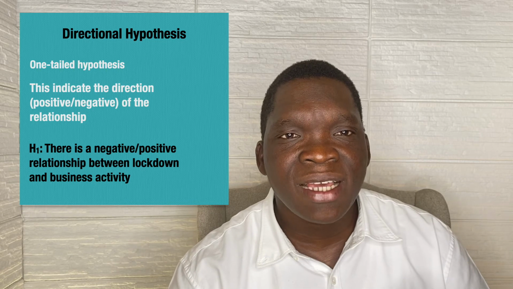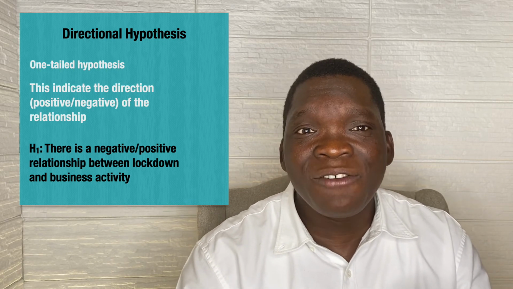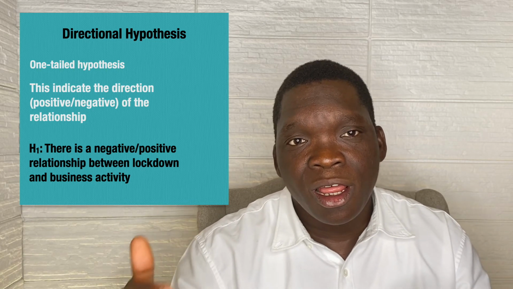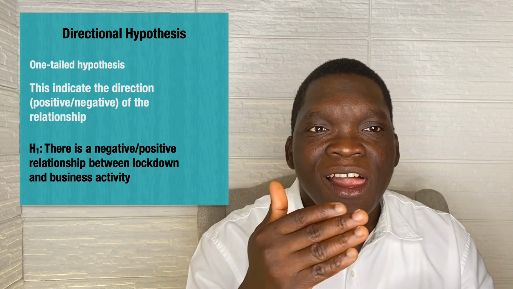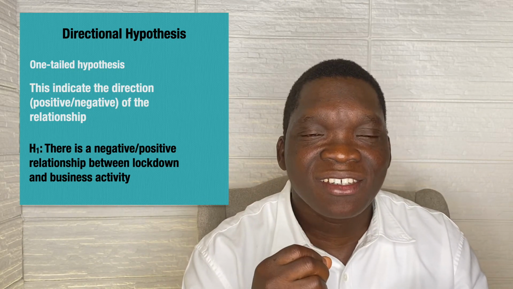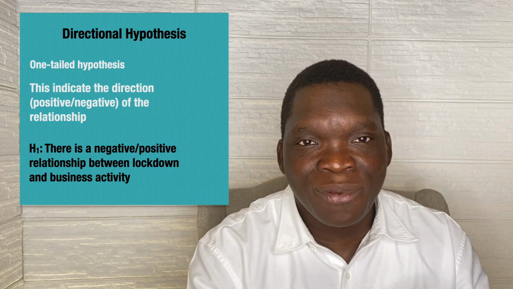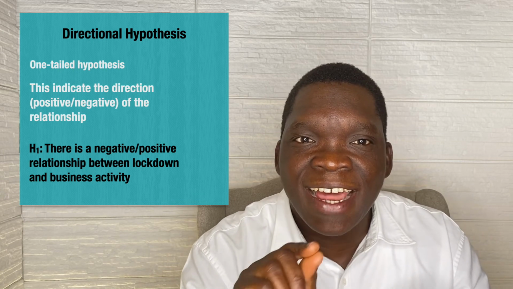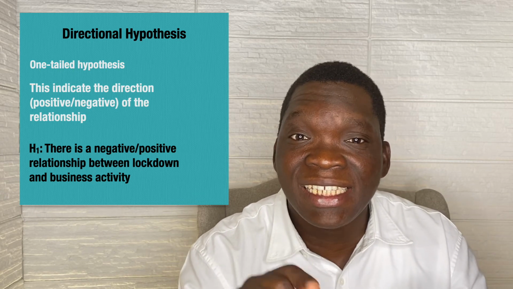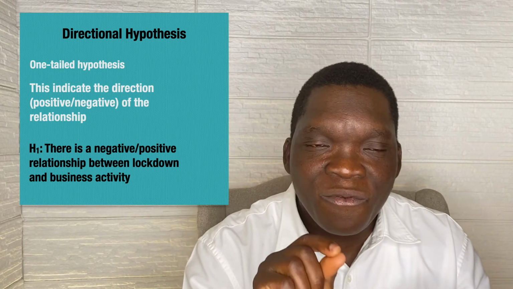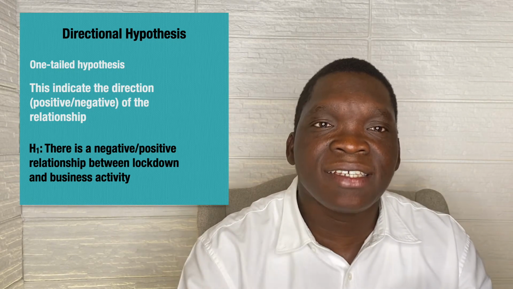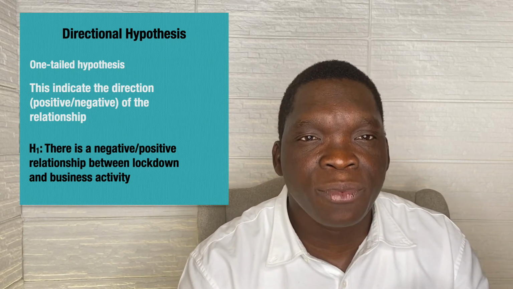Another hypothesis might say there is a negative relationship between lockdown and business performance. When this kind of hypothesis specifies the direction, I am looking for a negative relationship. That's an example of a directional hypothesis. So there are two types of hypothesis, non-directional and directional.